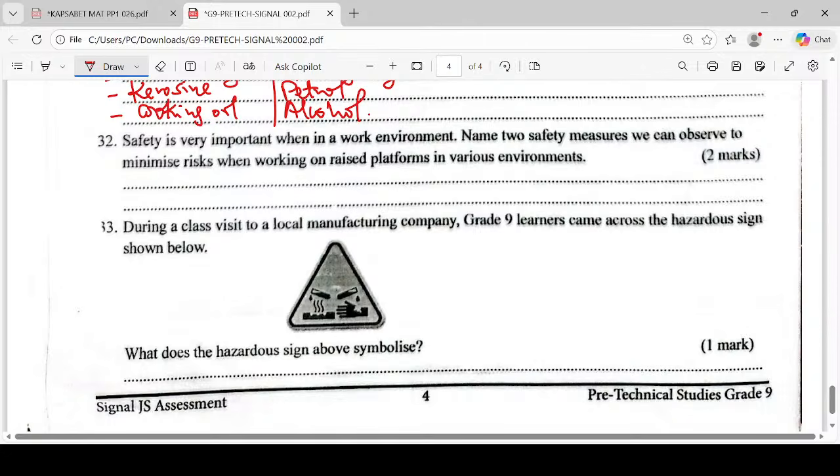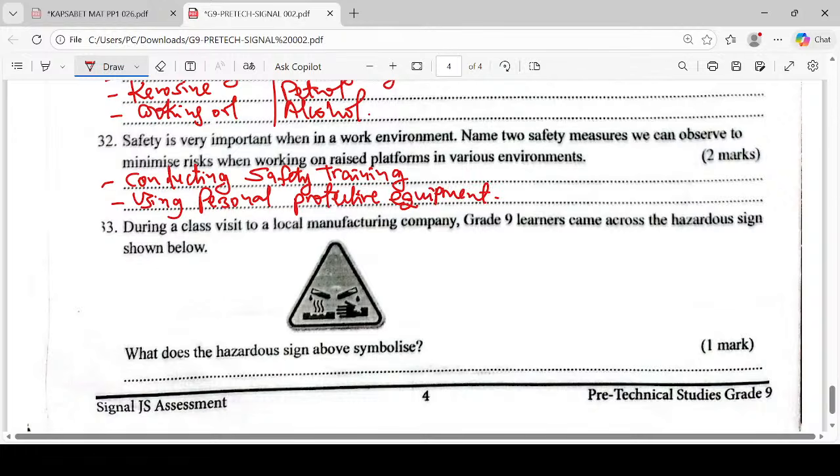Safety measures we can observe to minimize risks when working on raised platforms. 1. Conducting safety training. We can also have something maybe like using personal protective equipment.